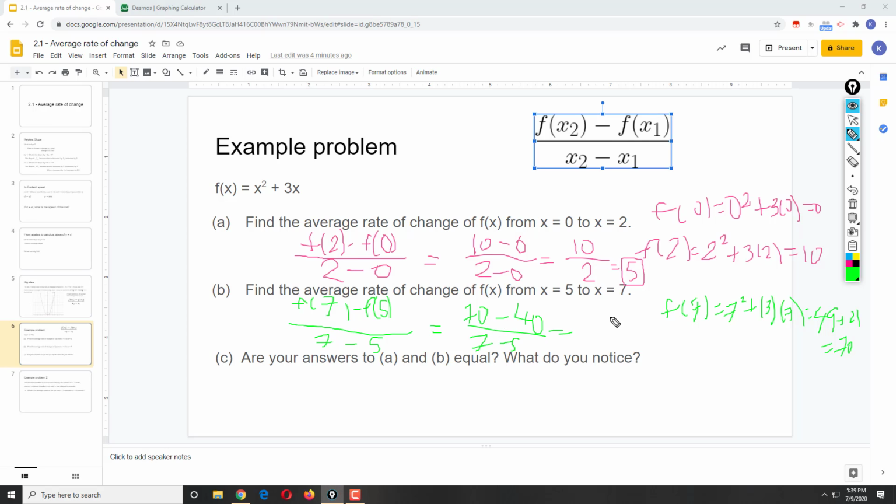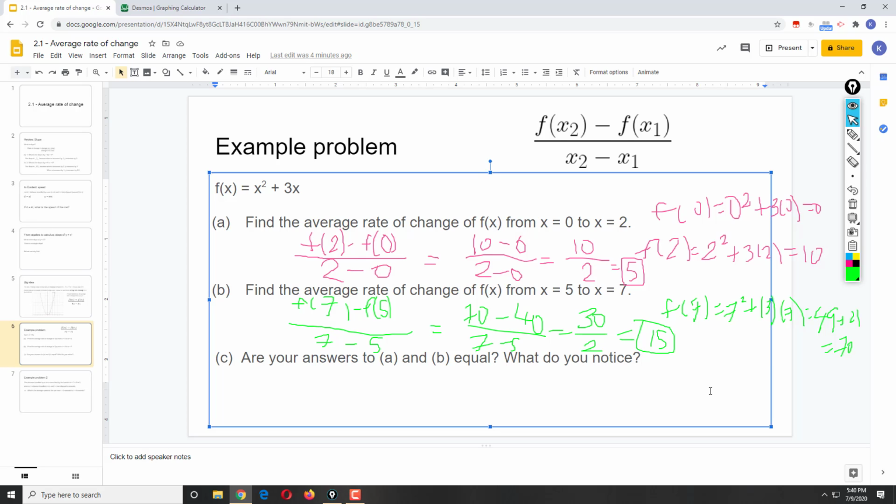So 70 minus 40, which is 30, over 7 minus 5, which is 2. 30 divided by 2 is 15. So the average rate of change of f of x from x equals 5 to x equals 7 is 15.